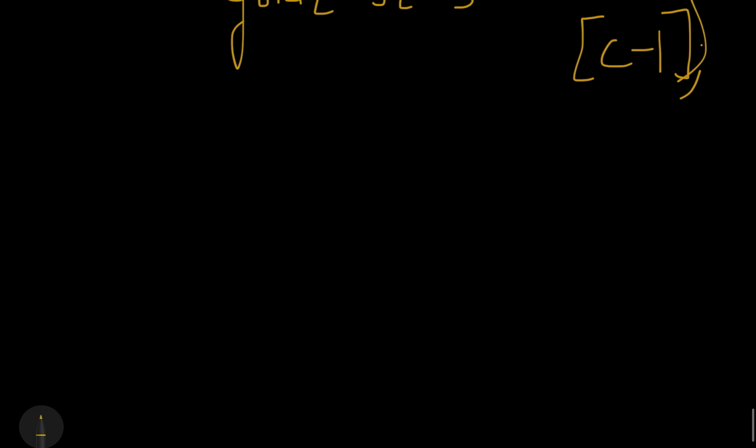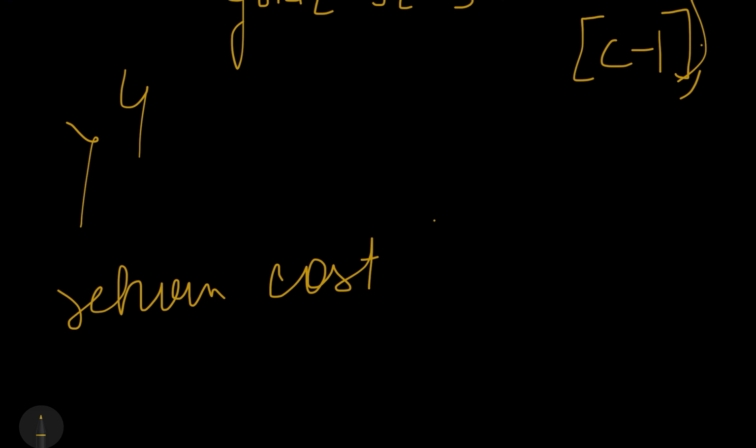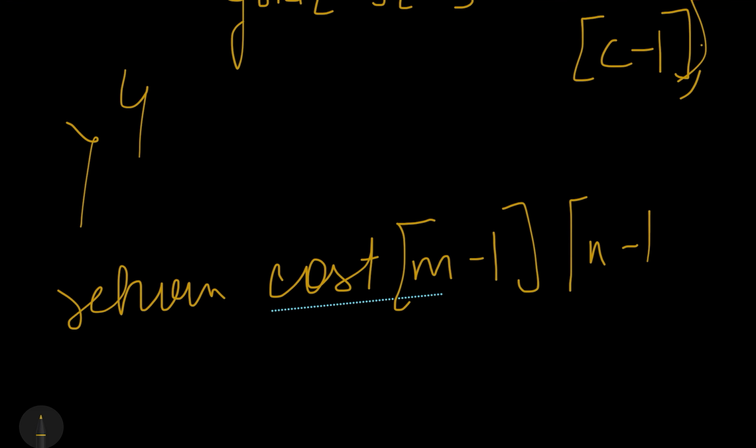Okay, and then we simply return our answer, which we get in the last cell of our dp grid, which is m minus 1 comma n minus 1.